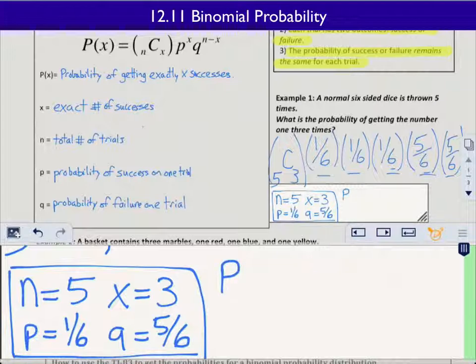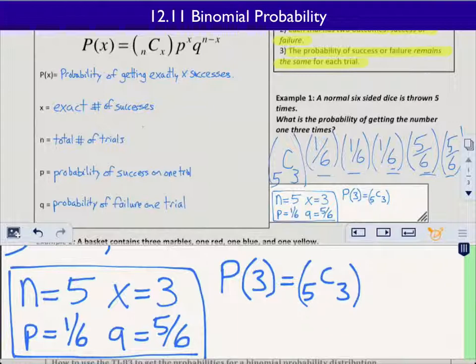Applying this, we want the probability of getting exactly 3 ones in 5 trials. So it's going to start off 5C3 because we want 3 out of the 5. And then it's going to be times the probability of success, which is 1/6, to the power of how many times we want that success.